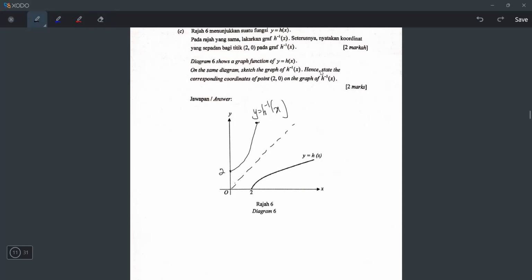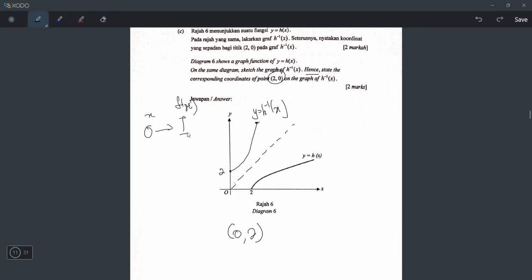That's how you sketch. And then they say hence state the corresponding coordinate for (2, 0). It's (0, 2). The point (2, 0) is on h(x), and the corresponding point for it is (0, 2). Just terbalik. Because h inverse literally means terbalikkan the object and image. Normally it's object to image, meaning x to f(x) or h(x).